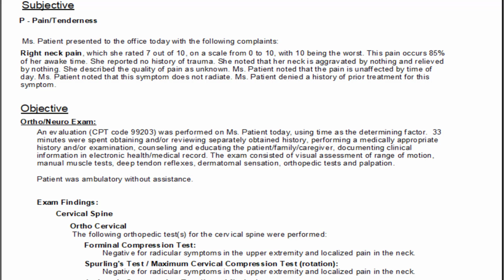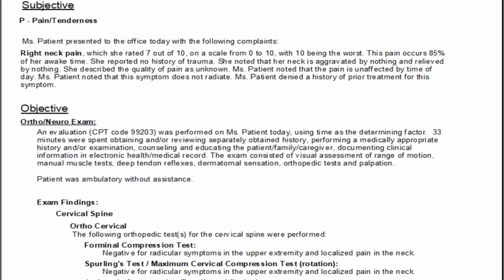It says, an evaluation, CPT code 99203, was performed on this patient today using time as a determining factor. 33 minutes were spent obtaining and or reviewing separately obtained history, performing a medically appropriate history and or examination, counseling and educating the patient family caregiver, documenting clinical information in electronic health record or medical record. The exam consisted of, and then I would go ahead and document what I did in the exam and both positive and negative findings. So that is a nice, quick, and easy way that we can do it.